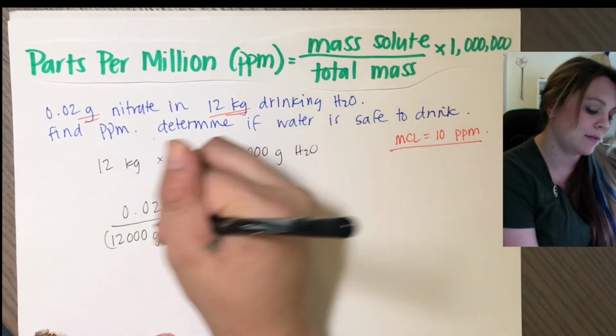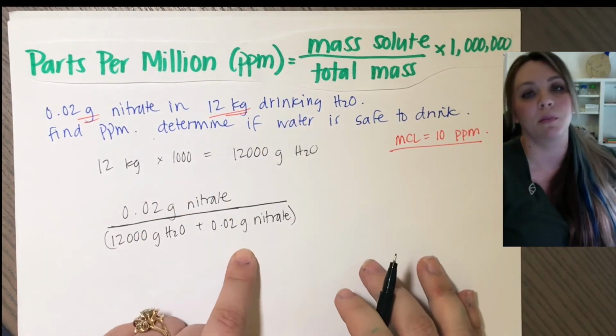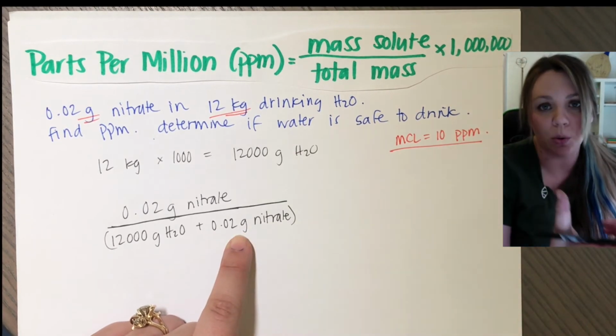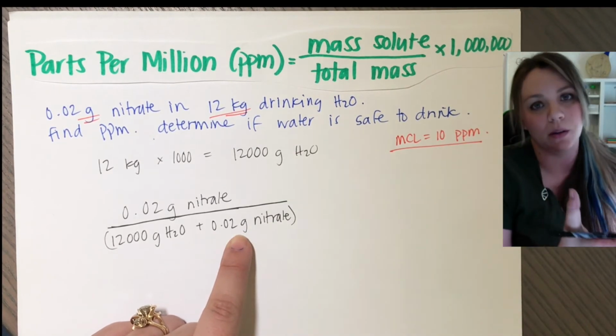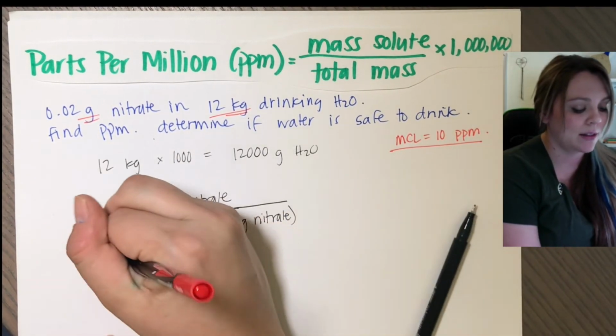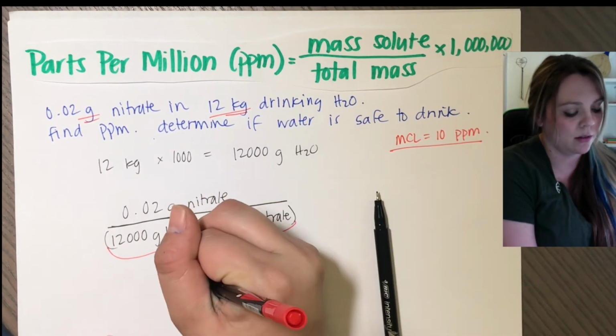Now, technically, the 0.02 grams is not going to change your answer at all, but if I were grading your test and you didn't show me that you understood the concept of total mass, I would absolutely mark you off, okay? So make sure you're showing that you understand this is the total mass, right?